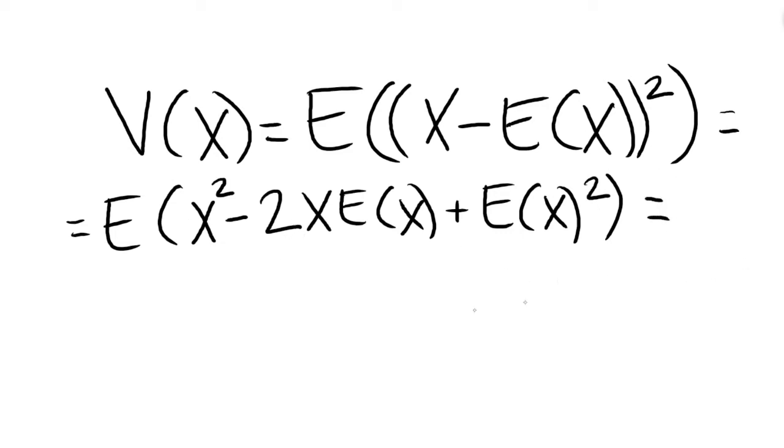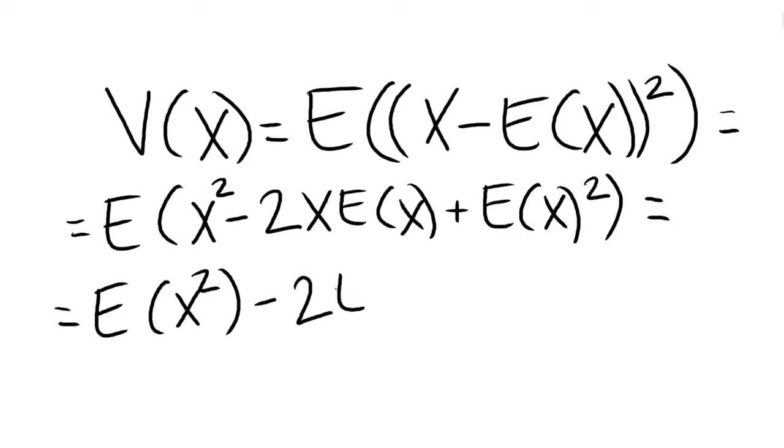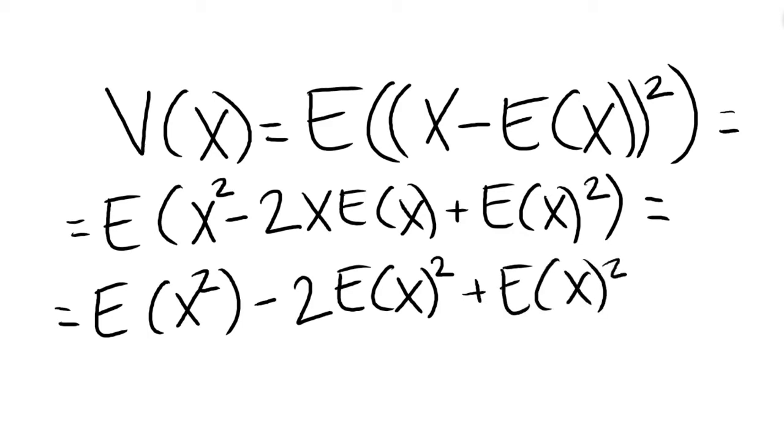So we will get the expected value of x squared minus 2 times the expected value of x times the expected value of x, and you might see, well, this is just the expected value of x, squared. So we could just do that. And then plus the expected value of x, squared.